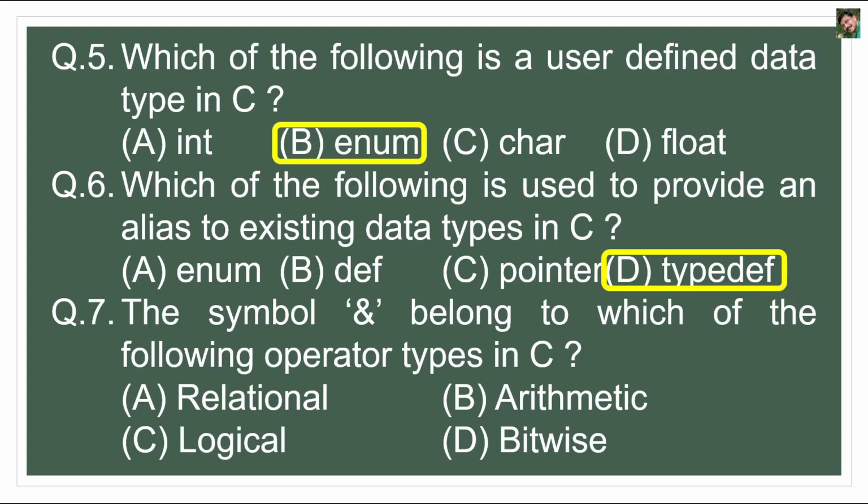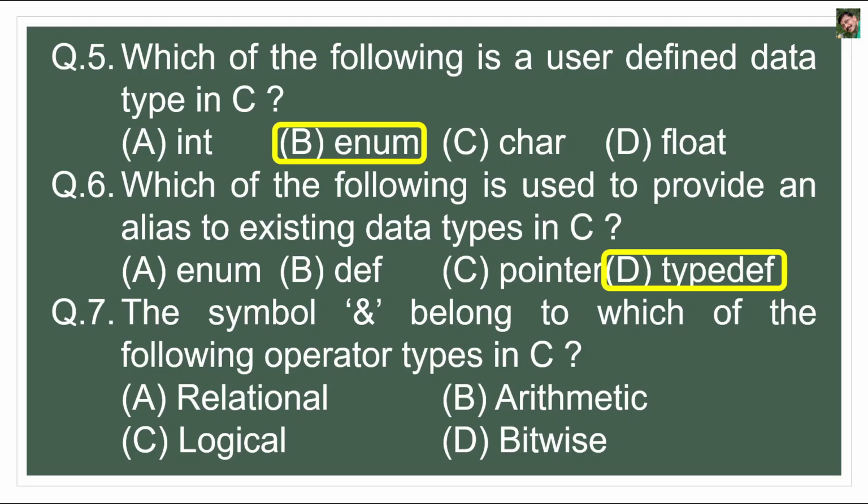The typedef is used to give an alias to existing data types in C. So using typedef, you can write typedef character and then give some new name, so that wherever we are supposed to write char, we will write the new word which we have defined using typedef. So that is type definition.